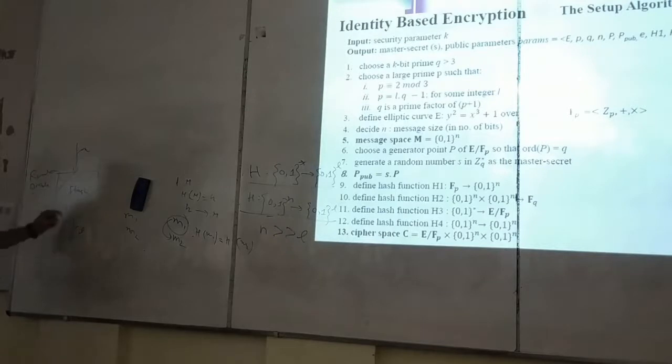Unless it is a randomized algorithm. You must know that algorithms are of two types: deterministic algorithms and randomized algorithms. A deterministic algorithm always produces the same output and follows exactly the same steps on the same input.